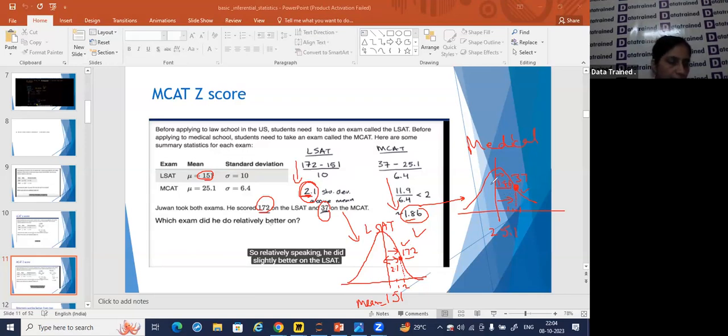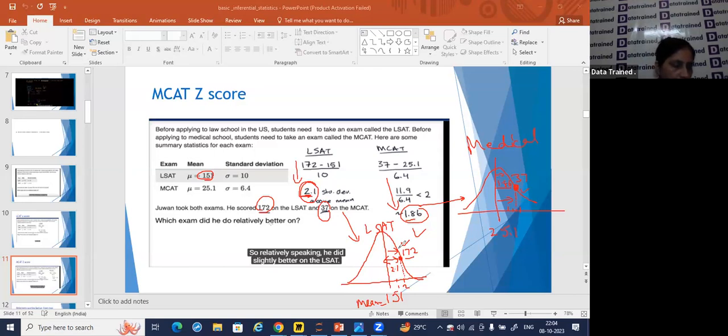The student who achieved 2.1 standard deviations is far away from the mean value, so the student is above the mean at very far away values. In medical only 1.86, but here 2.1.